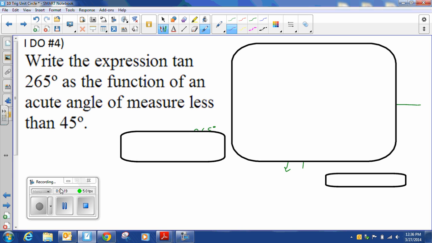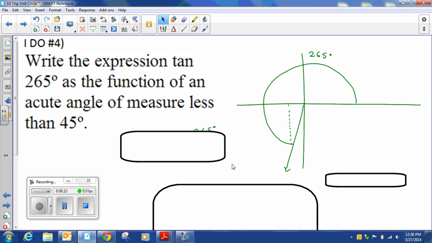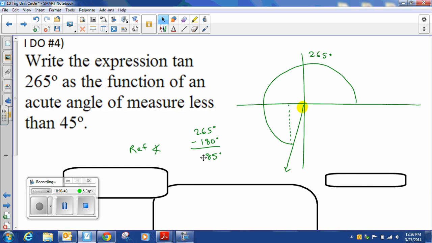Let me do number 4, and in this one, we need to take tangent of 265 degrees and express it as a function of an acute angle of measure less than 45 degrees. So here's 265. We need to find the reference angle, which is right there. Now the reference angle is just 265 minus 180. That gives me 85 degrees.